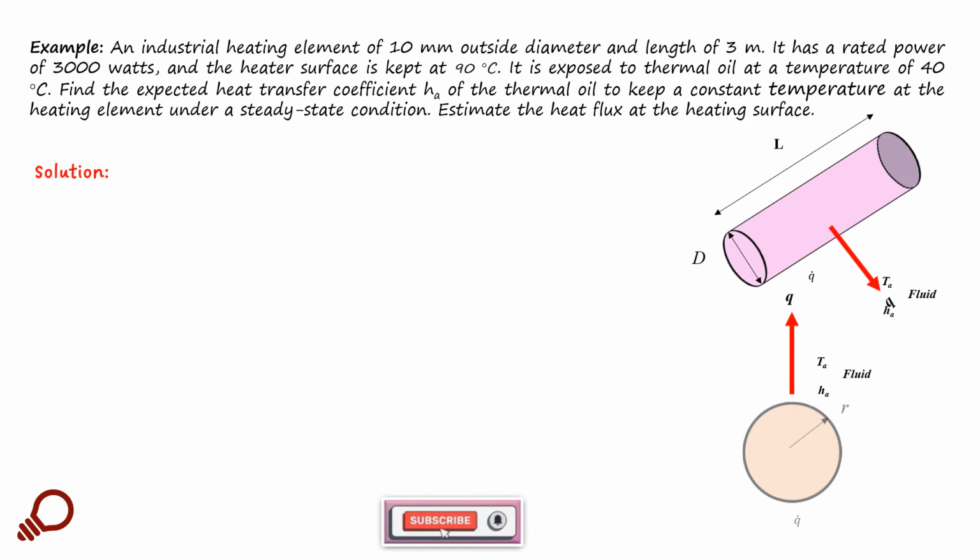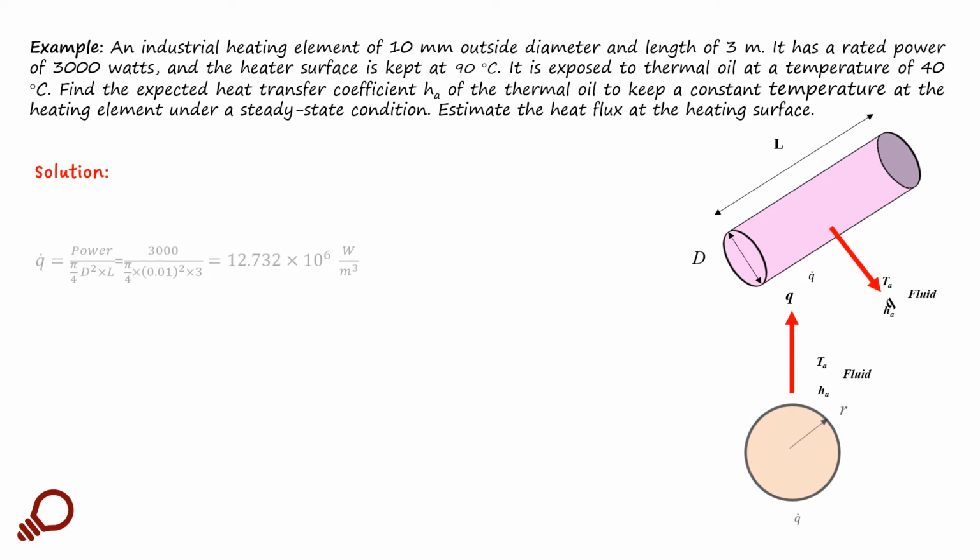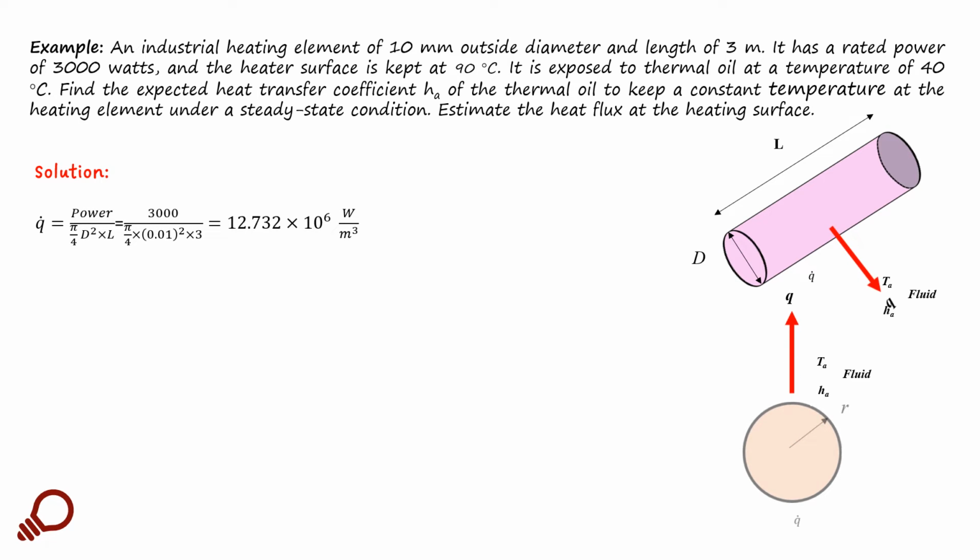The solution of this problem: we should start from the calculation of the amount of heat generation per unit volume, which equals q dot equals power divided by pi divided by 4 d squared times L, which represents the volume of the heating element.